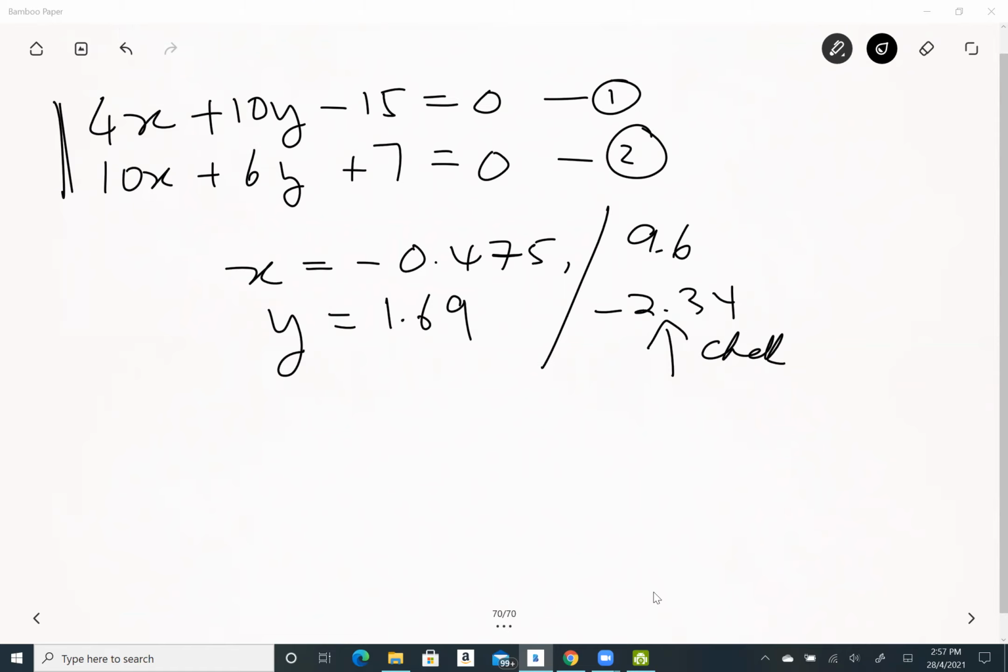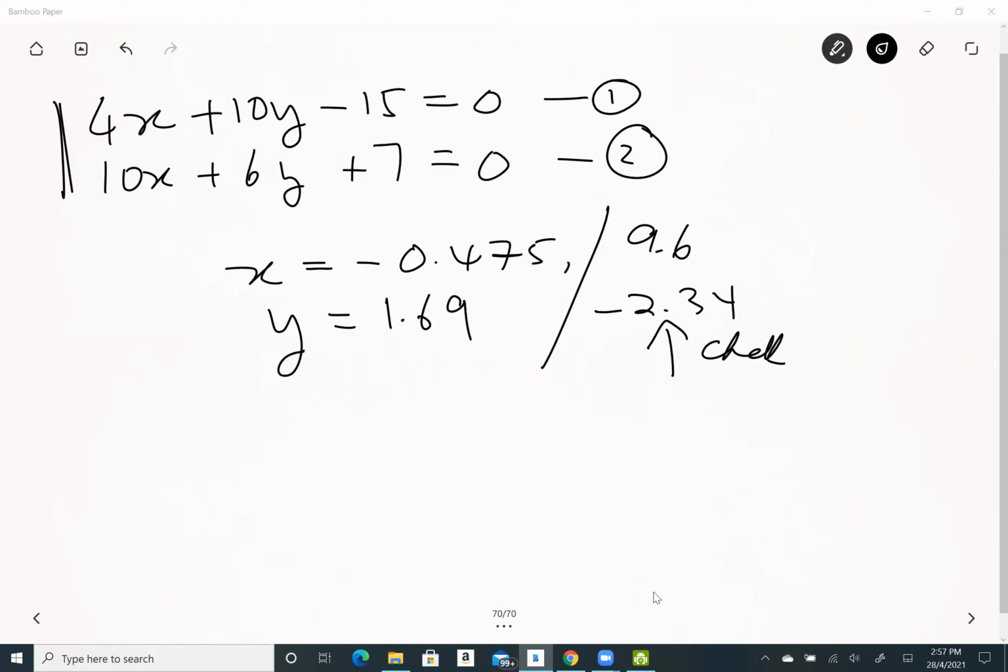So now check again. I have 2.34. So can we verify whether I was wrong or she was correct? Sir, actually, I was wrong. It should be positive 2.34. Should be positive, right? Yeah.